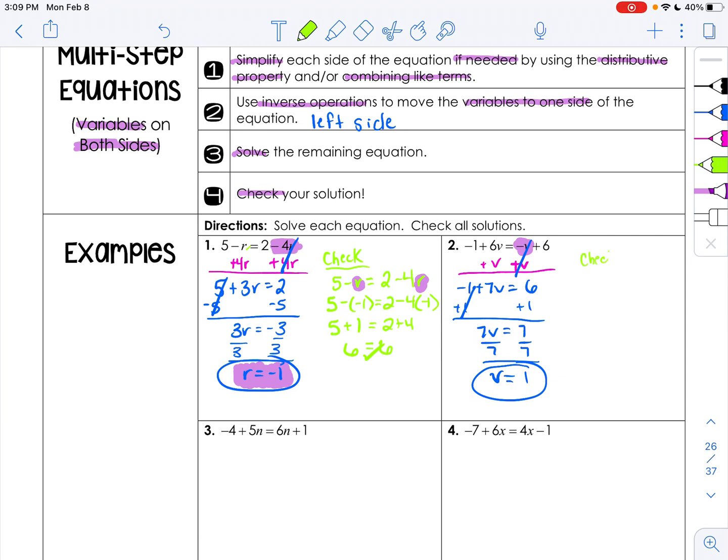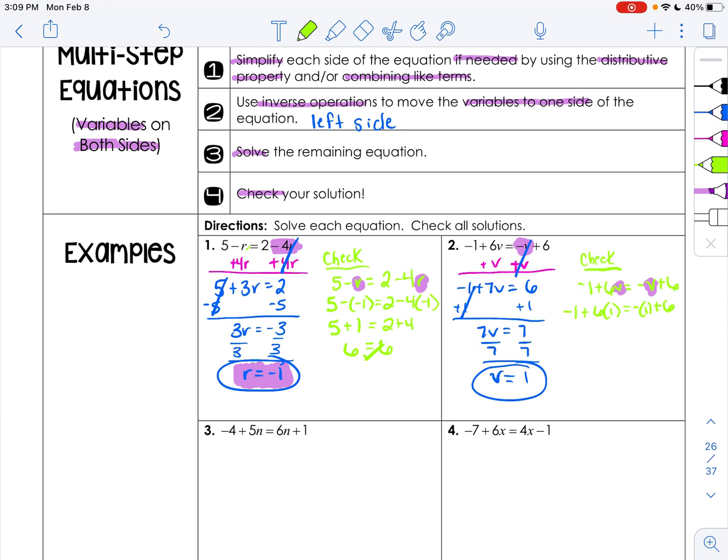So starting with our original equation, negative 1 plus 6v equals negative v plus 6. And we're going to replace both of the v's with 1, because I think that's what my answer is. So it's negative 1 plus 6 times 1 equals negative 1 plus 6.